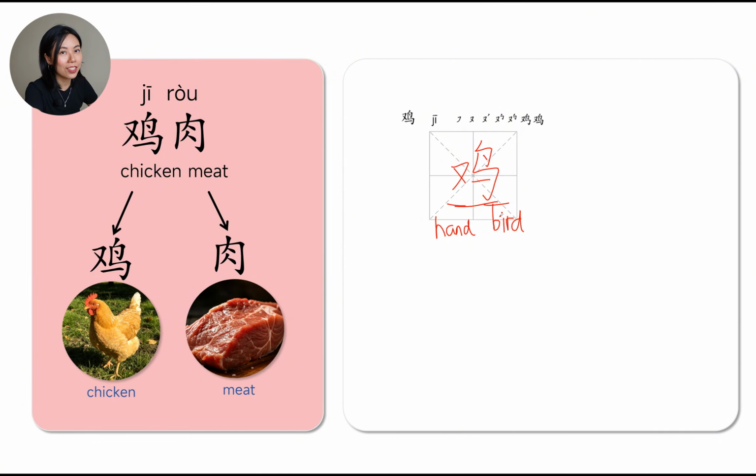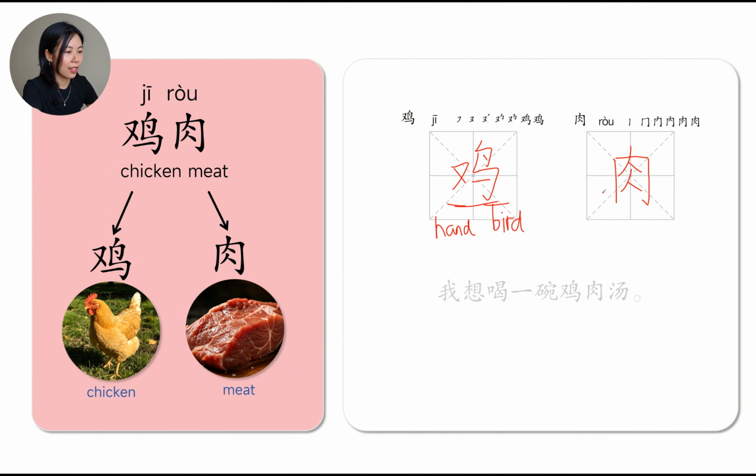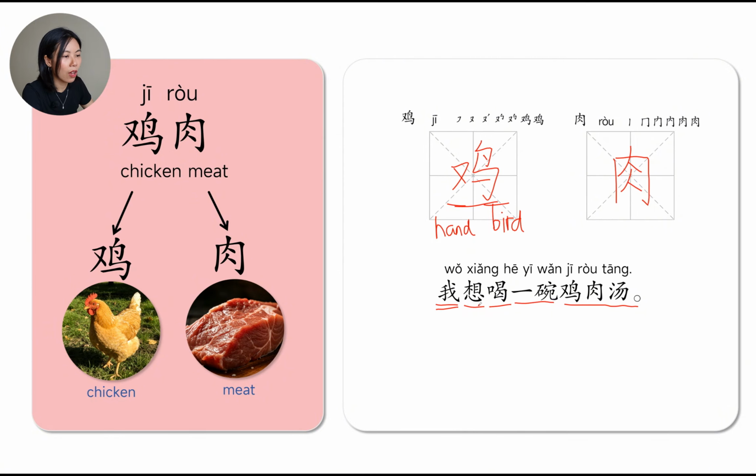So that would be the chicken. And then the 肉. 1, 2, 3, 4, 5, 6. Okay, 鸡肉。我想喝一碗鸡肉汤。I want to drink a bowl of chicken soup.